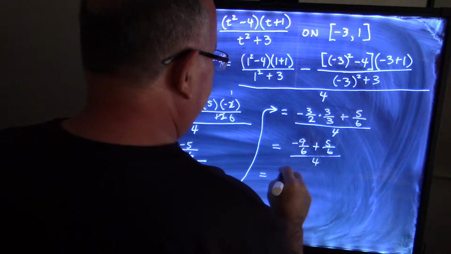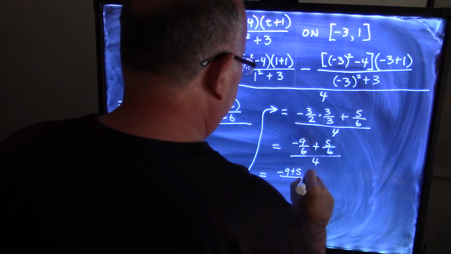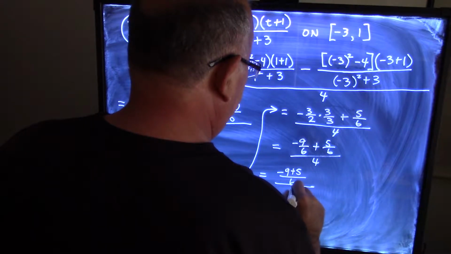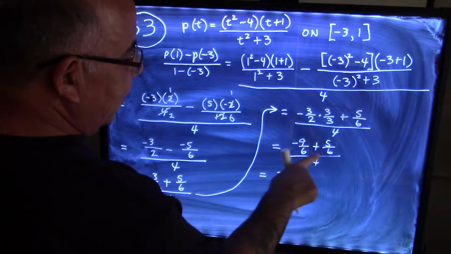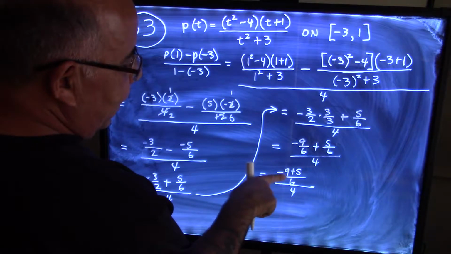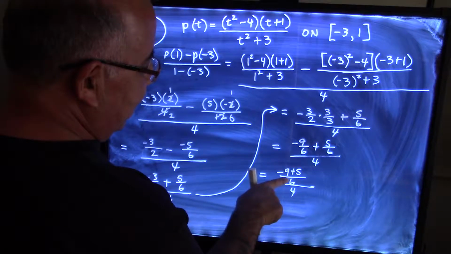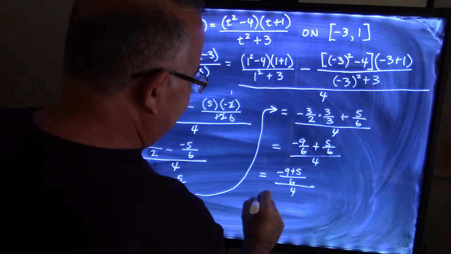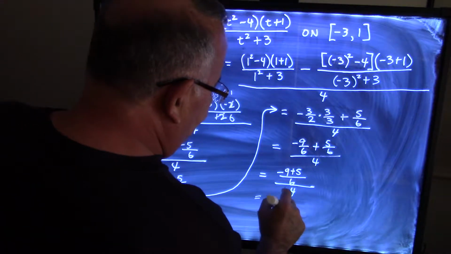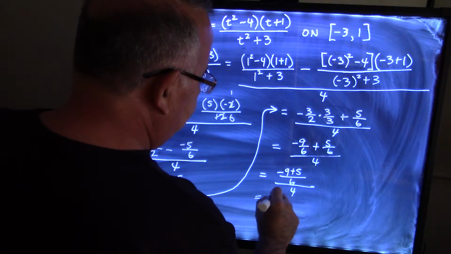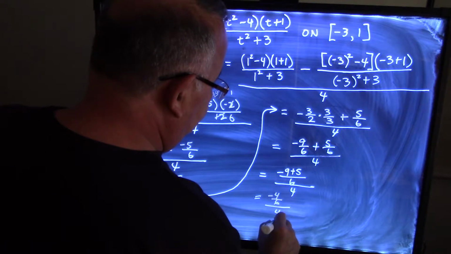And that equals negative 9 plus 5 over 6 over 4. So since these two fractions have the same denominator, I can just add the numerators together over that denominator. Alright, that's what I indicate here. So here I've got negative 9 plus 5 is negative 4/6, over 4 over 1, right?